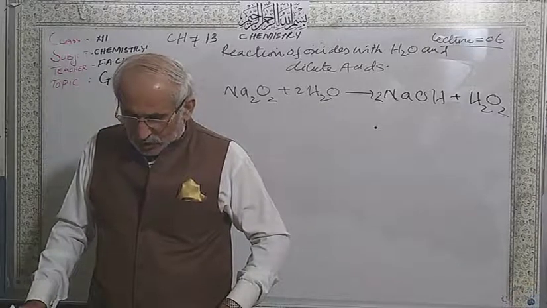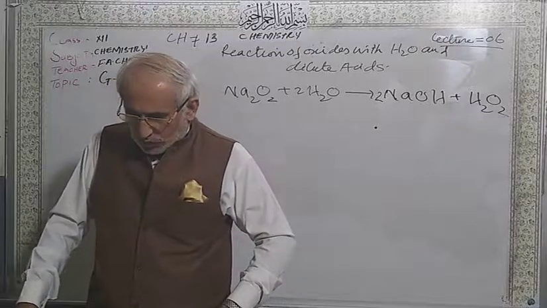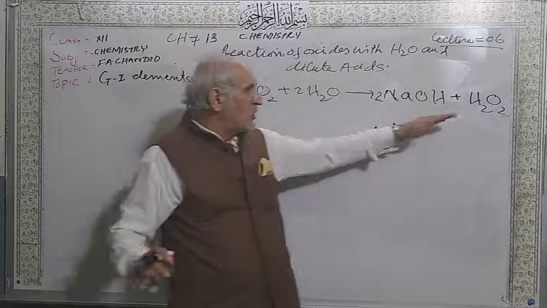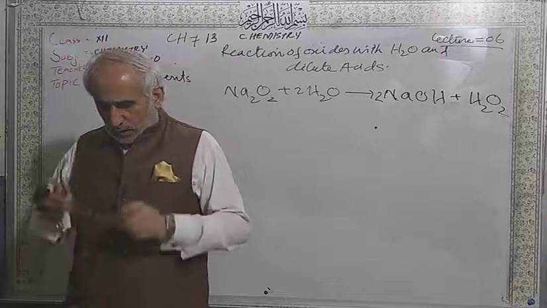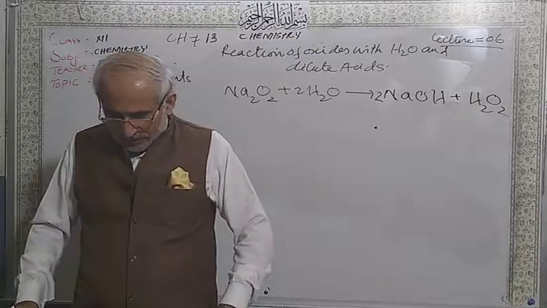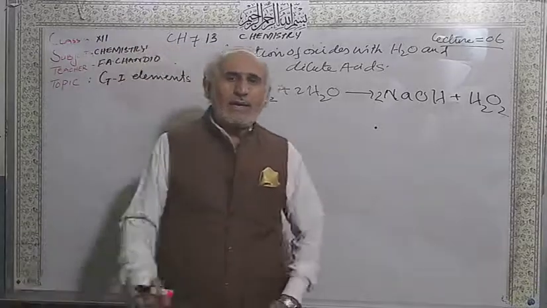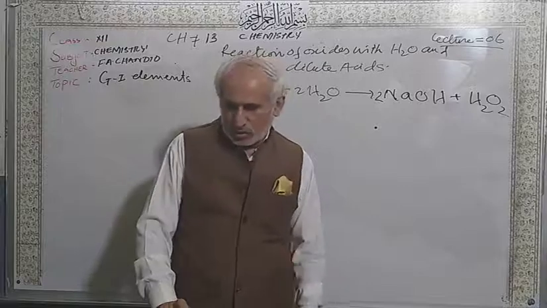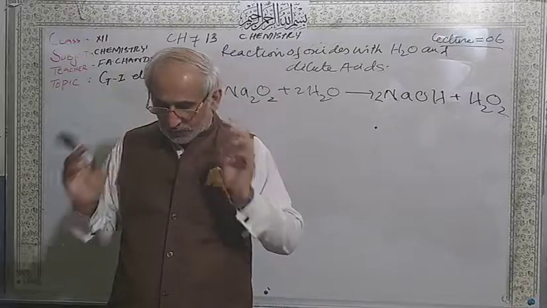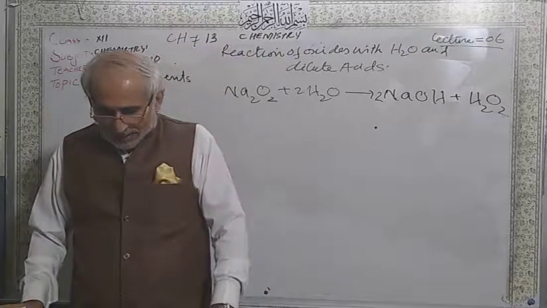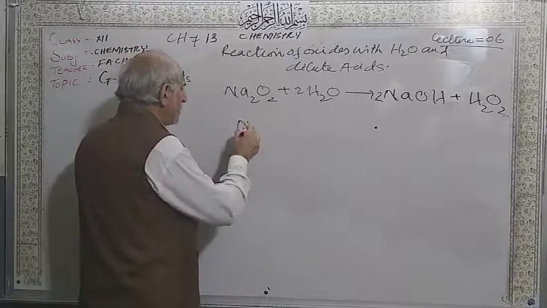The hydrogen peroxide is going to be produced, and it decomposes into water and oxygen. So this hydrogen peroxide may be decomposed into water and oxygen. That is why the reaction can be very violent overall. It is a highly exothermic reaction, so you have to be very careful while doing these types of chemical reactions. Reaction with dilute acids is even very dangerous.